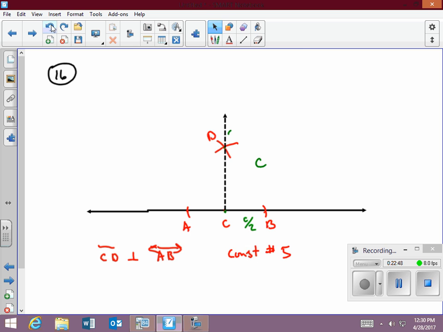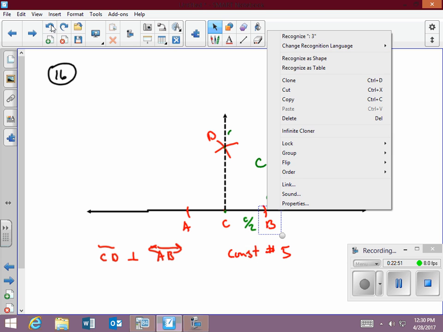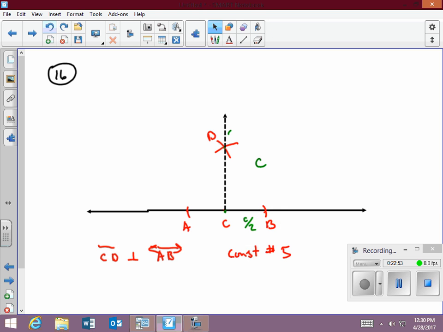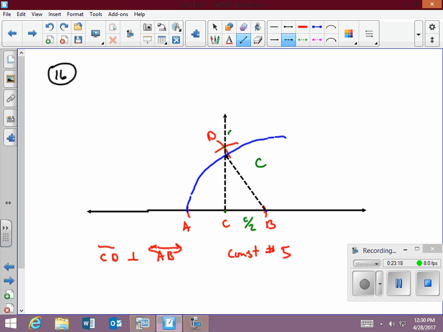I think what I do is I put my compass here, put my compass here, strike an arc here, and go up like that. Then the distance from here to here is C. Somehow I've got to get that one C over 2.